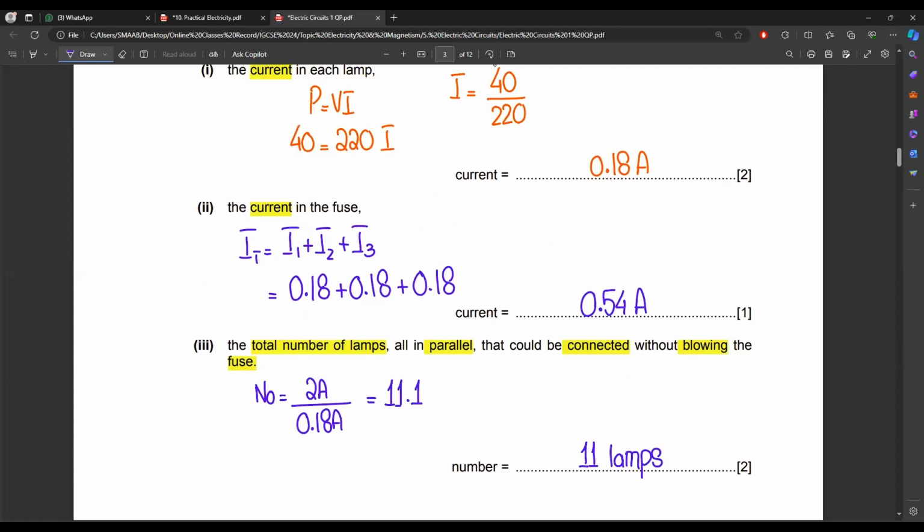So this is like, if it said without blowing the fuse, anything above 11 would be correct, right? Yes, because in this question no value of resistance is given, right? We know resistance is always present, so it will be less than 11, because due to resistance it already heats up, so definitely it will be less than 11, but according to the calculation it will be equal to 11 lamps, right?